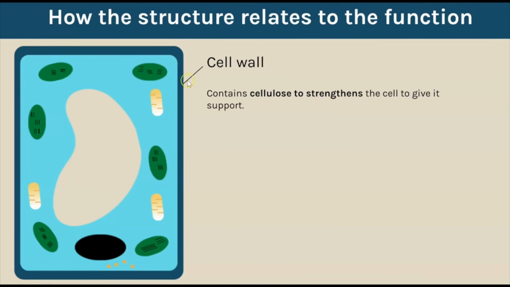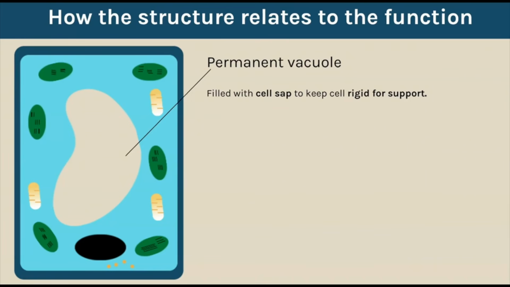The cell wall, which you only find in the plant cells, not the animal cells, contains a molecule called cellulose, and that molecule makes the cell wall really, really strong. So it gives the cell support, and it's that cellulose cell wall, which is really strong, which stops the plant cells from bursting if they do swell up with lots of water.